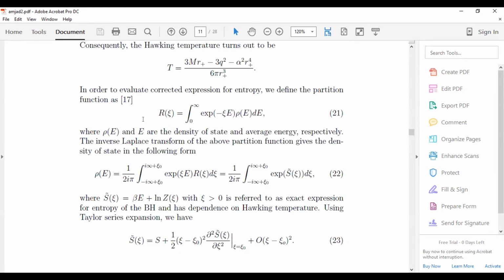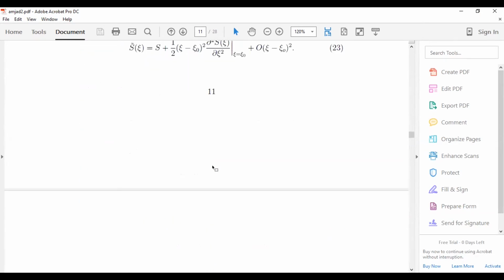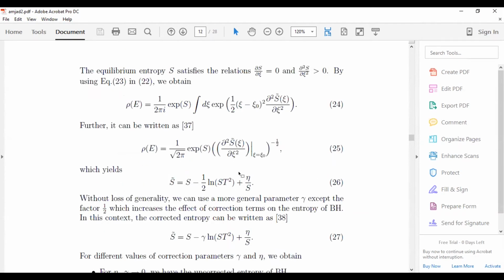Here are the details. We need to calculate through this formula the partition function, then rho. Here is the formula which provides the corrected entropy. In fact, I have skipped all these calculations and I have written down the final expression which is shown here. Okay, I understand. Okay, thank you very much.